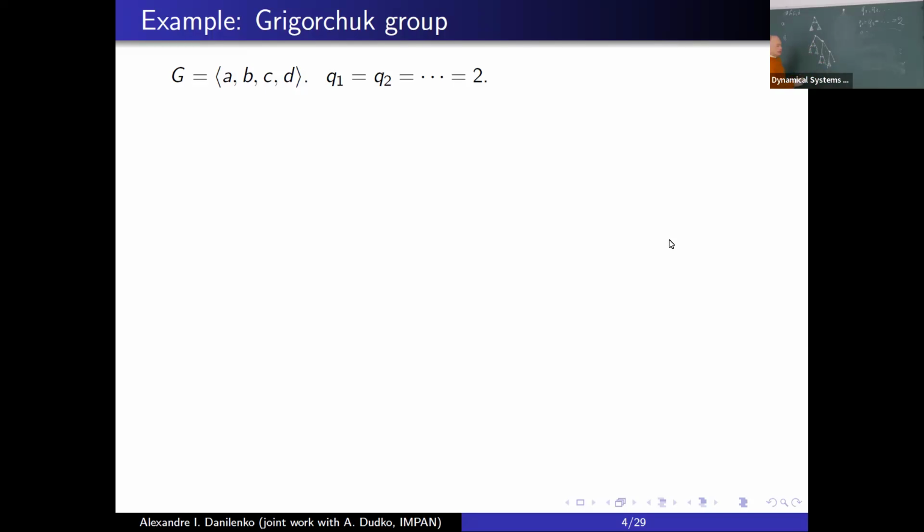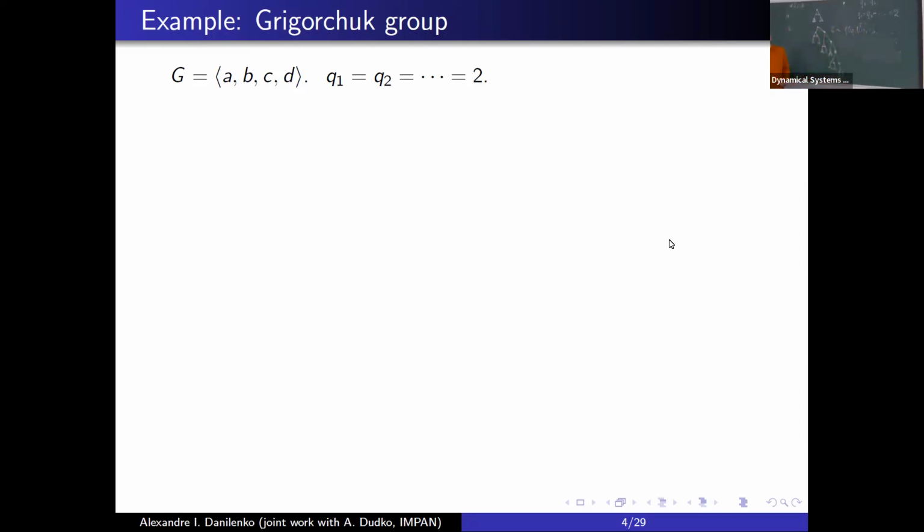So b somehow corresponds to the sequence of steps: flip, flip, identity. Flip, flip, identity. And then I start to repeat, infinitely.